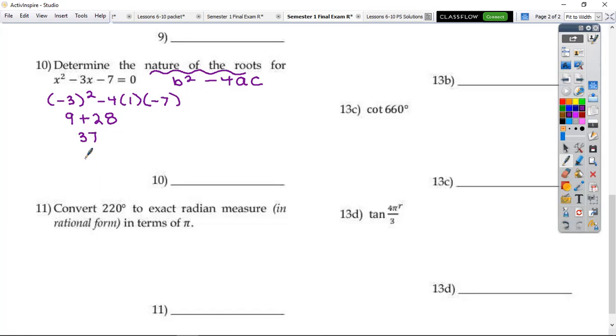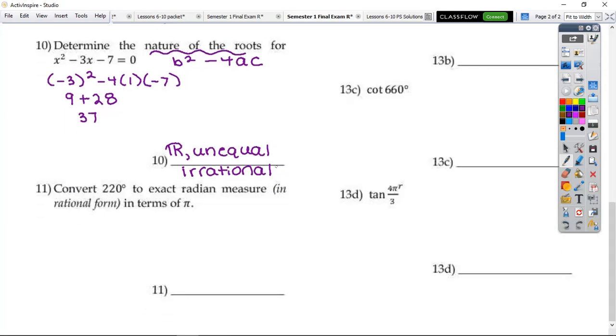Is 37 equal to 0? No. So then next, can you take the square root of 37 evenly or not? Not. So this produces what we call real, unequal, irrational roots. All right, and those are the 4 cases that you have written into your notebook. Again, they can be real, they can be imaginary, they can be rational or irrational.